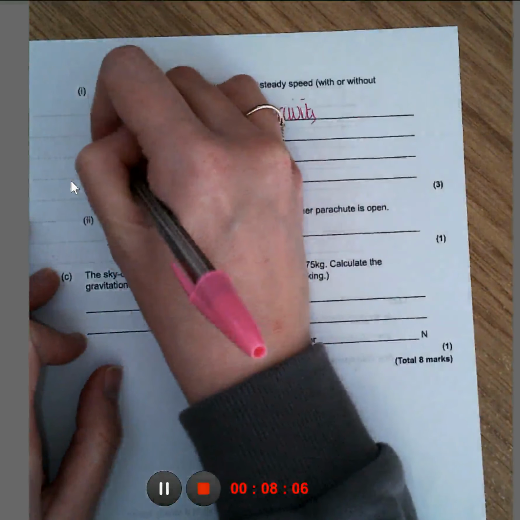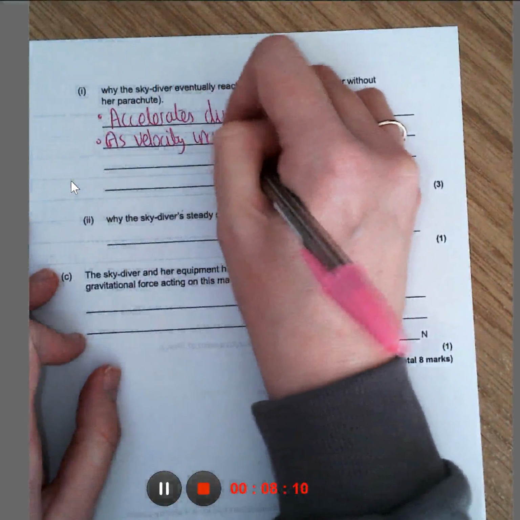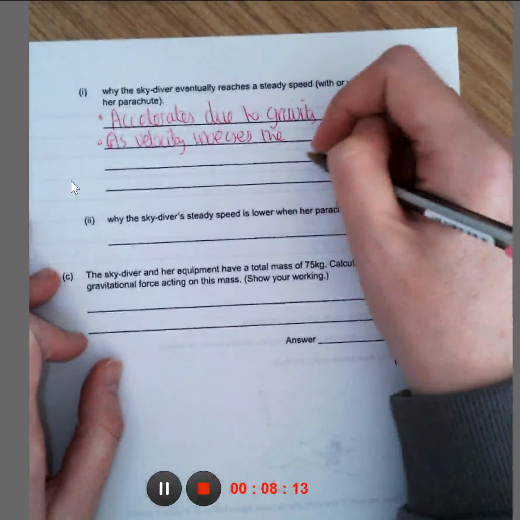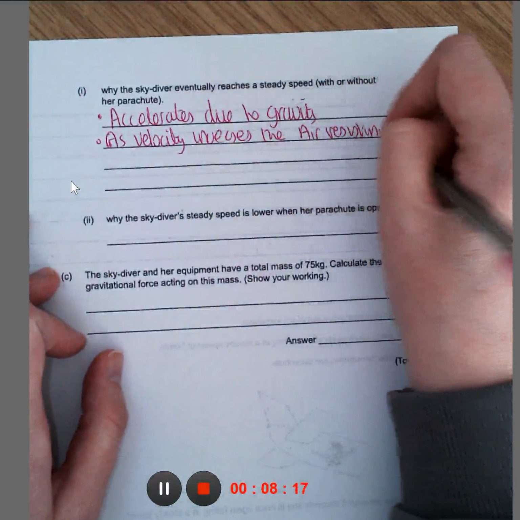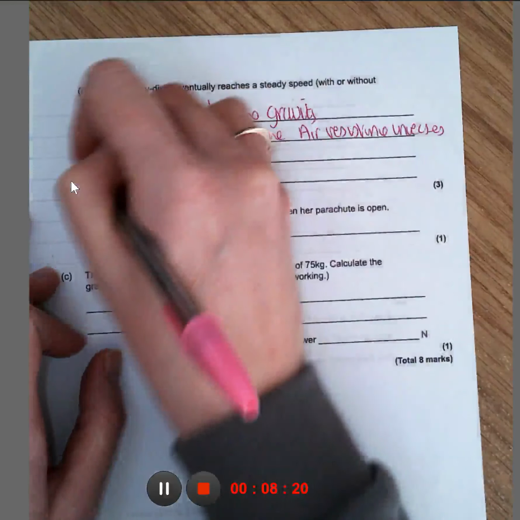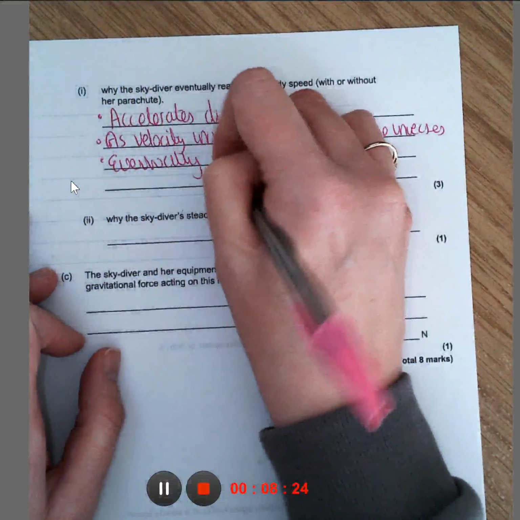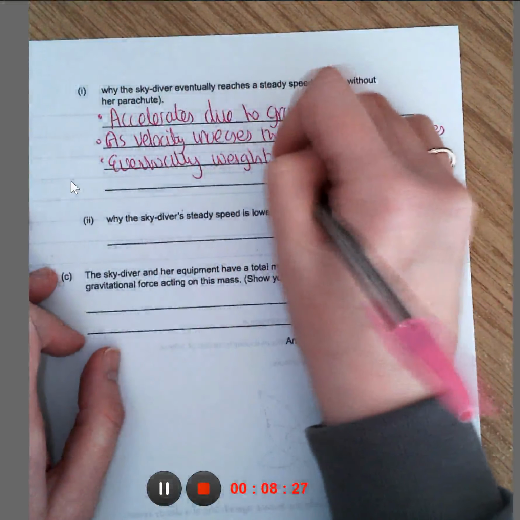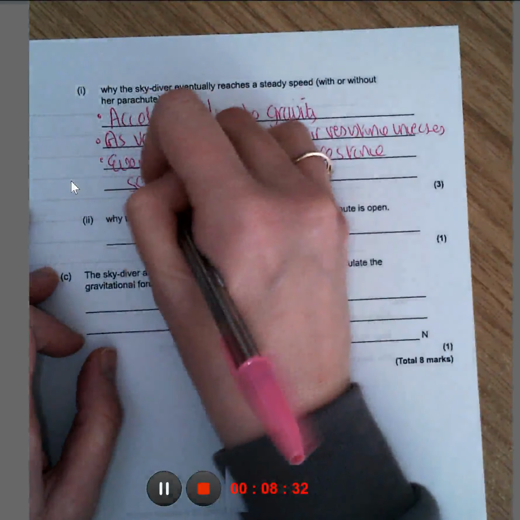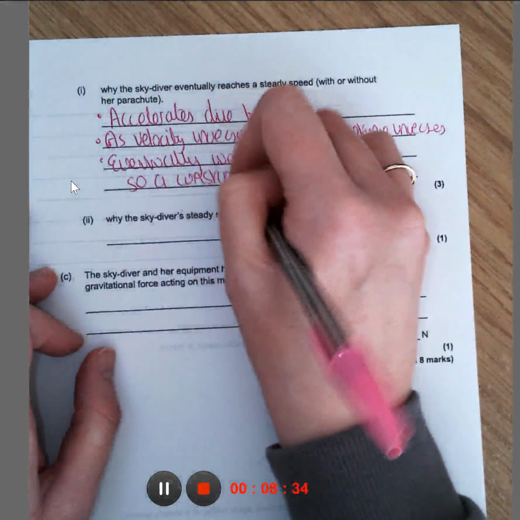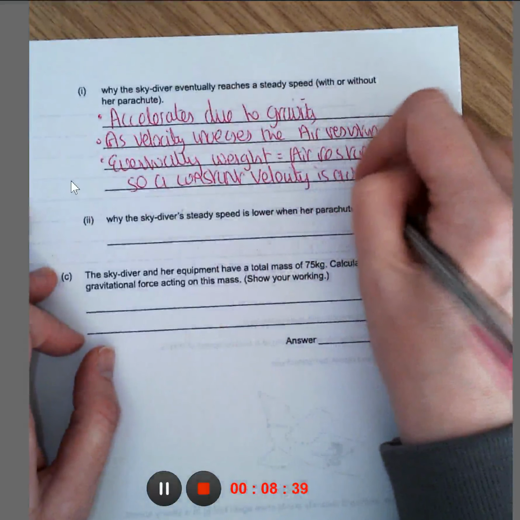As their velocity increases, the drag, or the air resistance, increases, and then eventually the weight equals the air resistance, so a constant velocity is achieved.